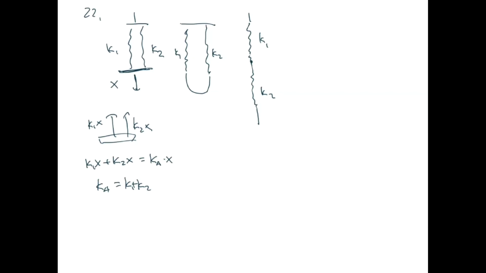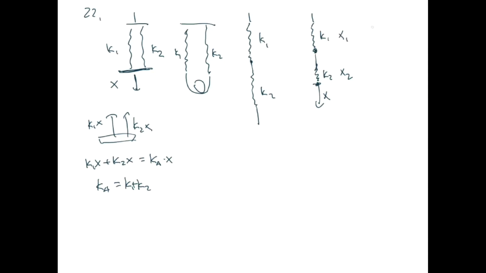Now, we can do a similar thing for these 2. Let me do the third one first, actually. This is a more standard configuration. So we have K1 here and K2 here. And if we extend this distance x, let's say K1 is extended by x1, K2 is extended by x2.